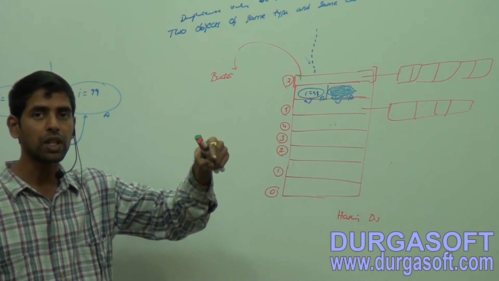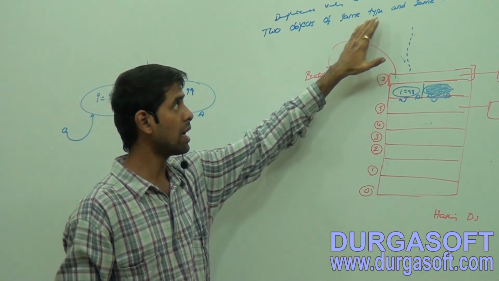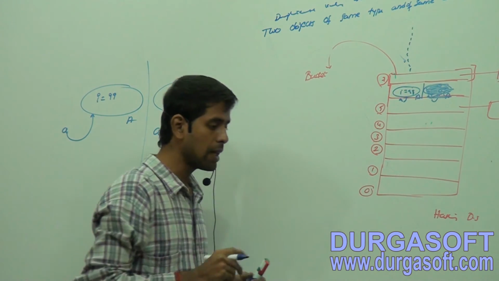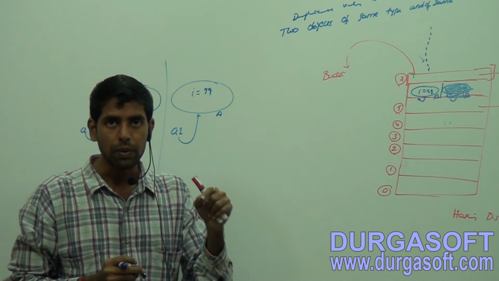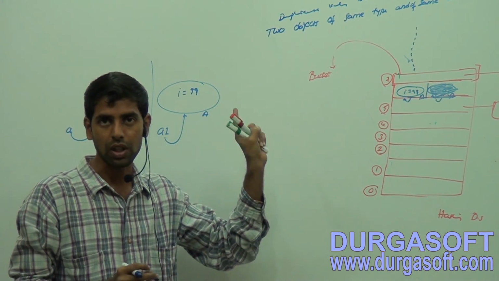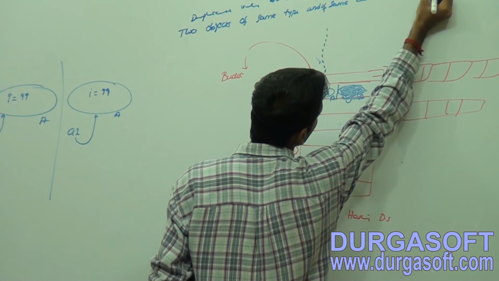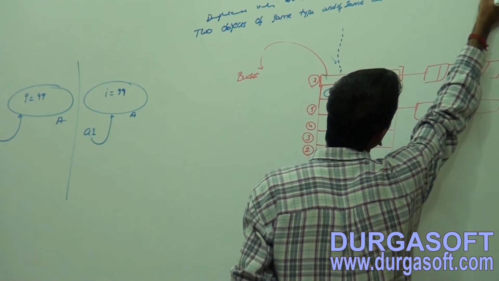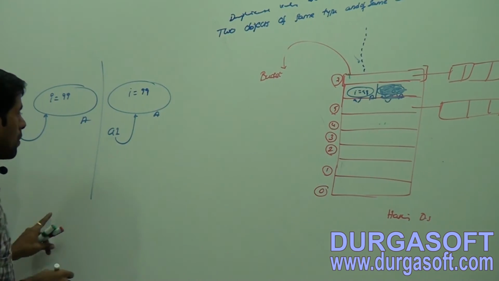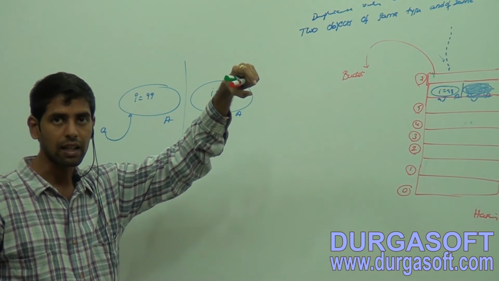So two objects of the same type and of the same data should not be saved within the hashing related data structure.